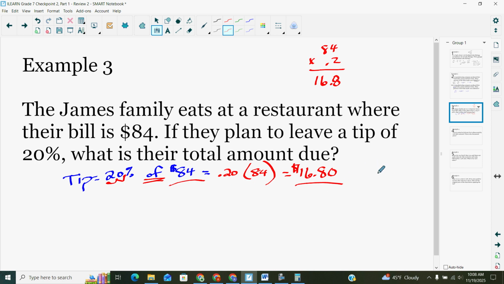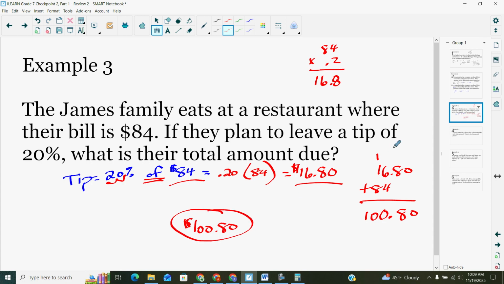So we want to take $16.80 in the tip, add that to $84, and we get $100.80. $100.80 if they plan to leave a tip of exactly 20%.